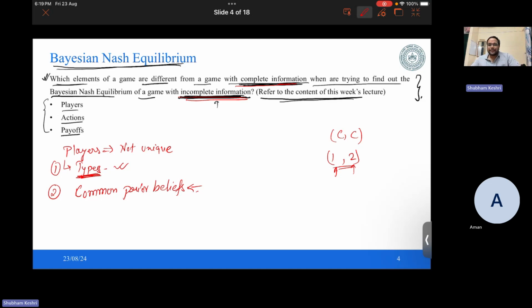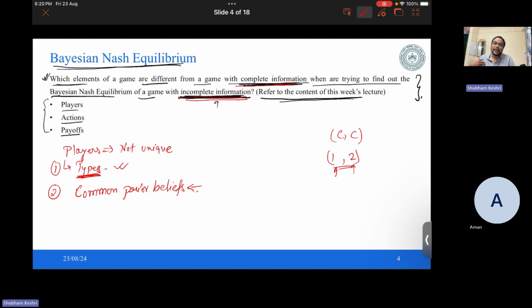We may have different types of other players, but what the types are and the probability of a player being of one type is known to both players. Suppose I am a player and the other player I am playing with can have three different types. I know what the different types are, as well as the probability distribution of those types. The first type can have a probability of 1/3, the second 1/3, the third 1/3. This is an example.